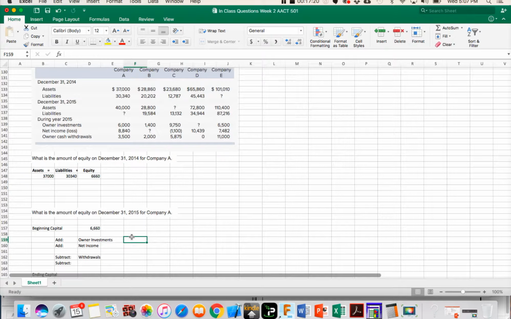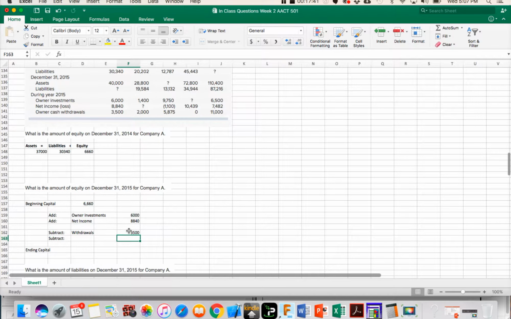So investments during 2015 was 6,000, income 8,840, and withdrawals 3,500. That would give us our ending capital, this amount plus this amount plus this amount minus this amount, equals 18,000.